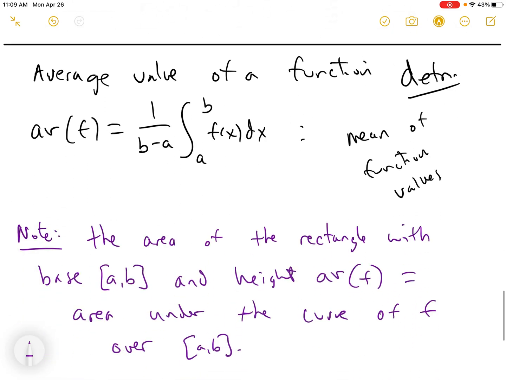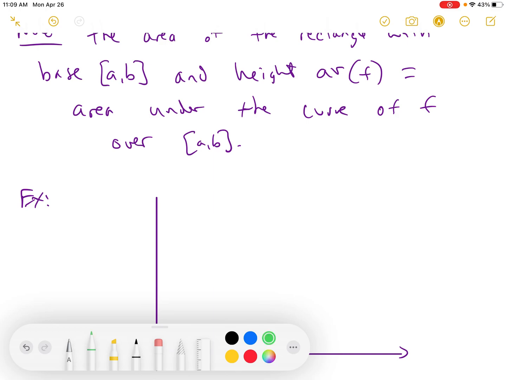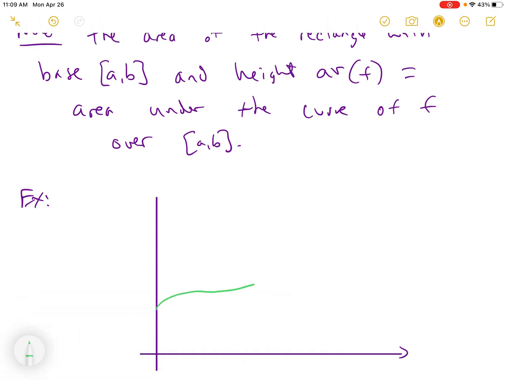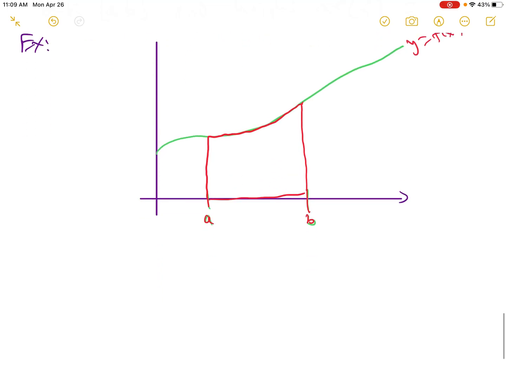So for example, if we had a cool function like this, say something that went like this, and then we cut from A to B. Something needs to stick out a little more. There we go. And let's say we found this area here, right? So this is y equals f of x.